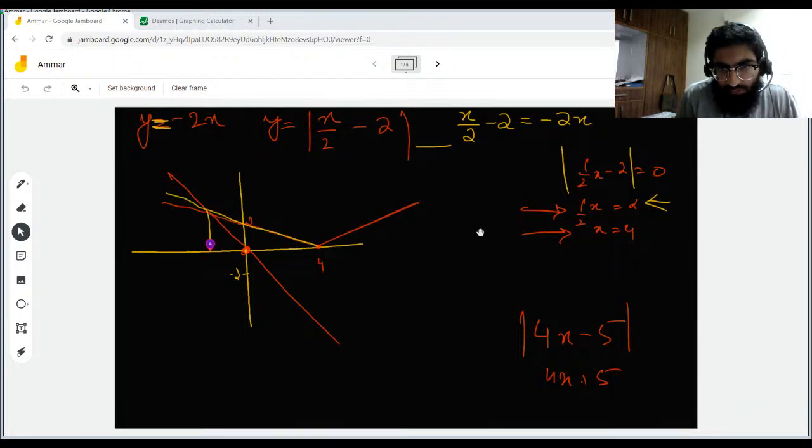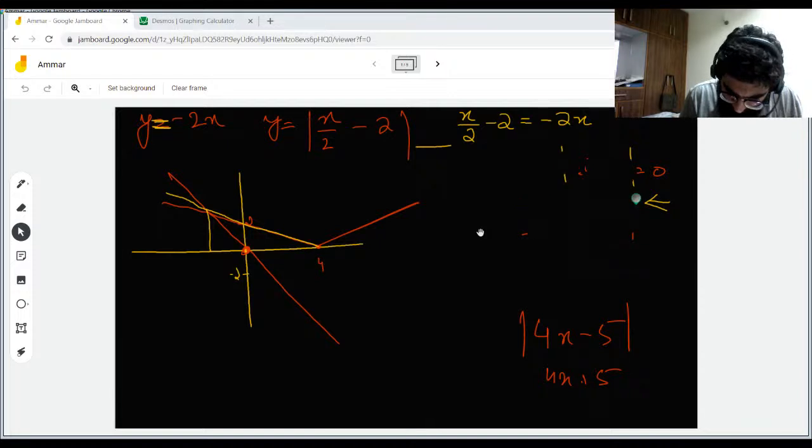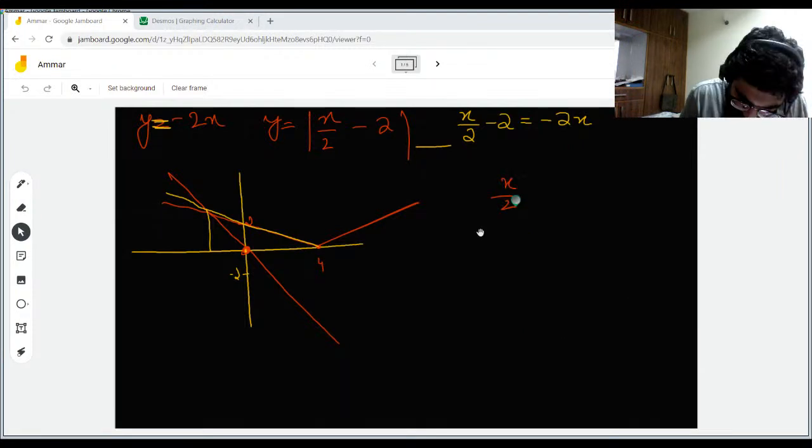So let's now put them together and see what solution I get and why I get just one solution. Would it be a repeated root? Could be. Minus 2 is equal to minus 2x.